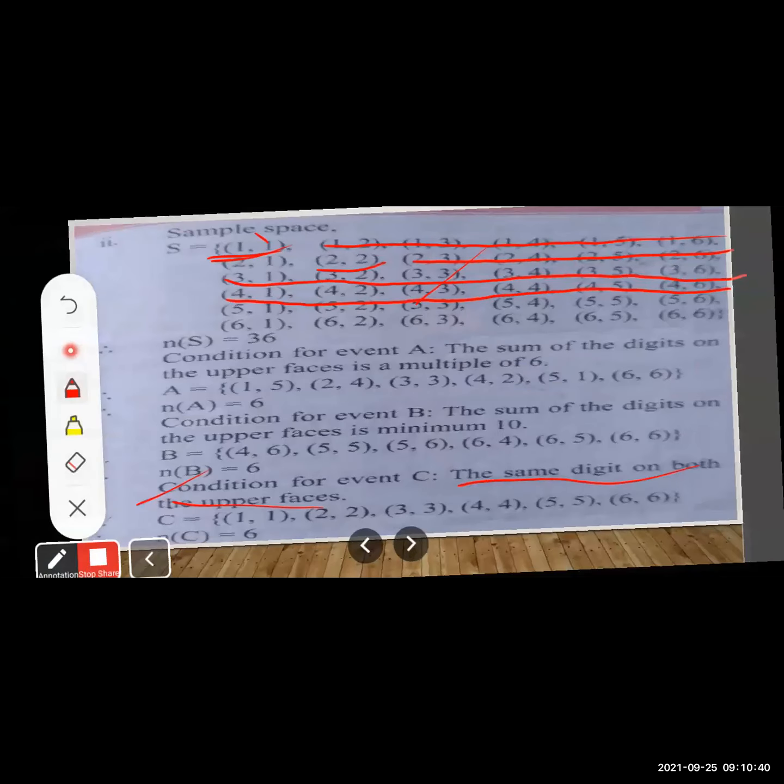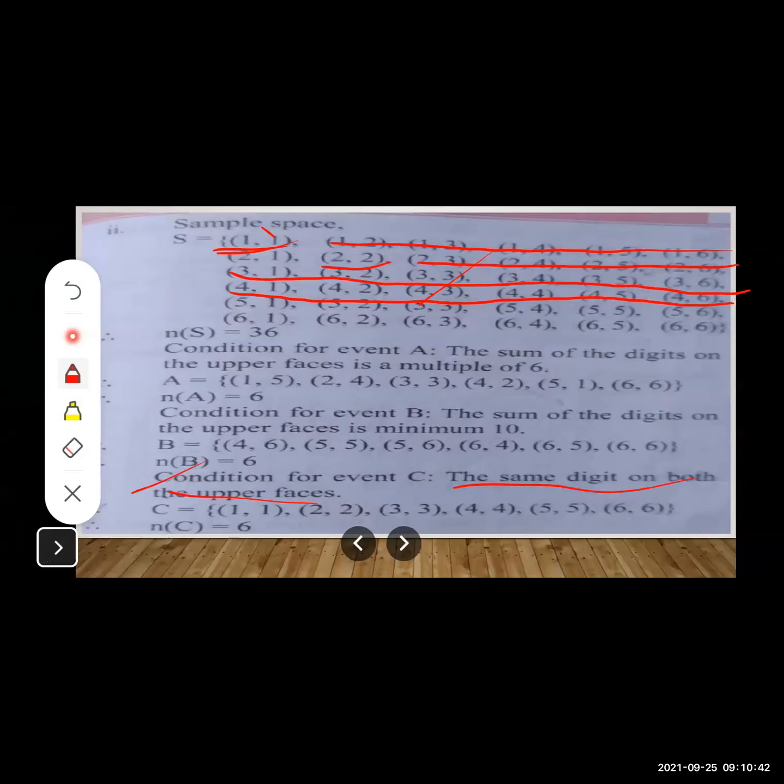Okay. So here, see the last line where you can see the same digits 6 6. Here you can see the same digits 5 5. So take this: 1 1, 2 2, 3 3, 4 4, 5 5, 6 6. These are the same digits on the upper faces of both the dice, right?